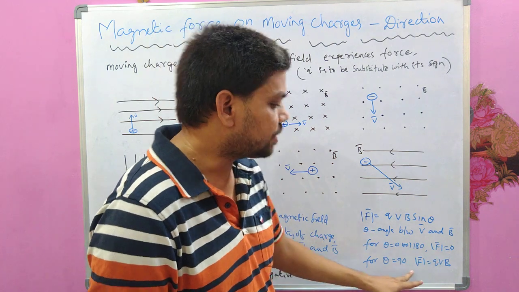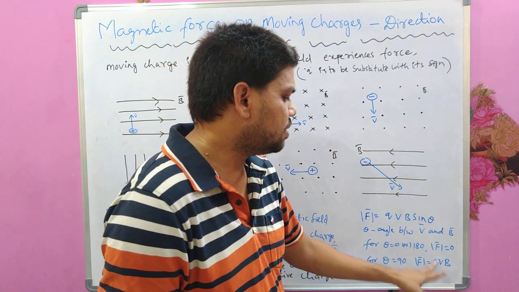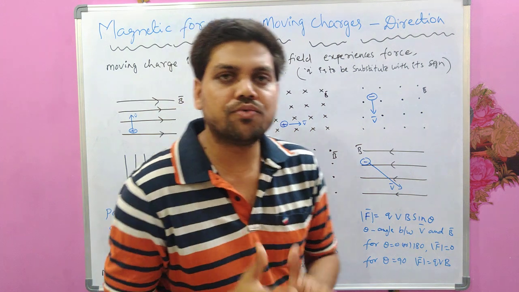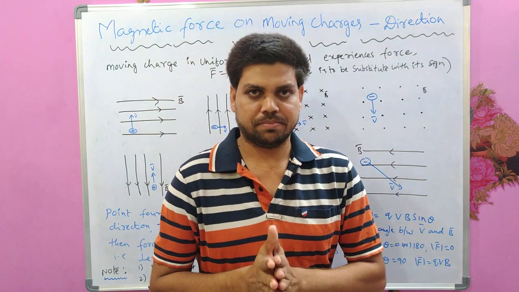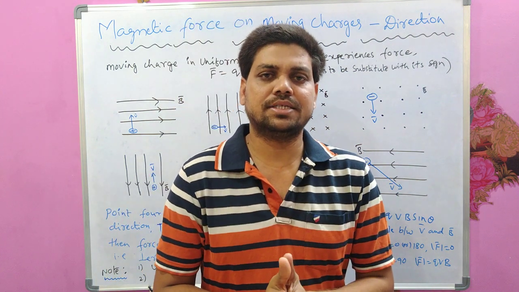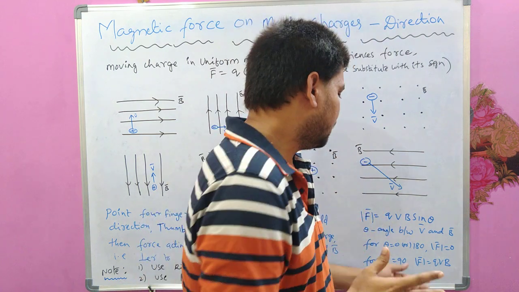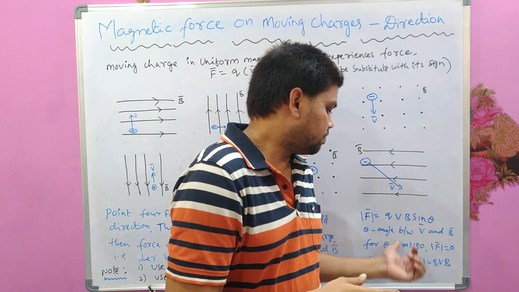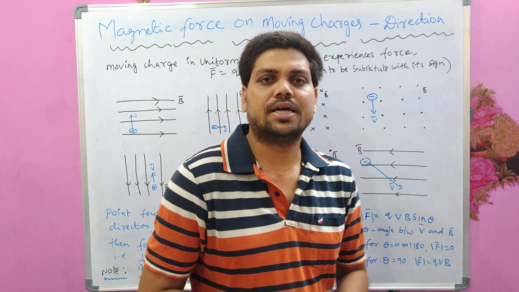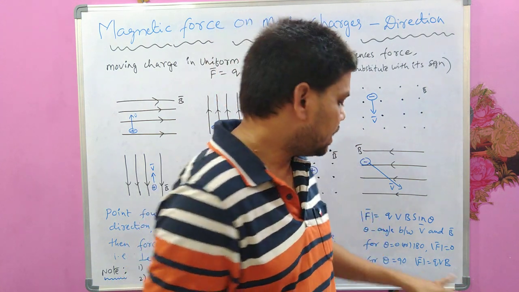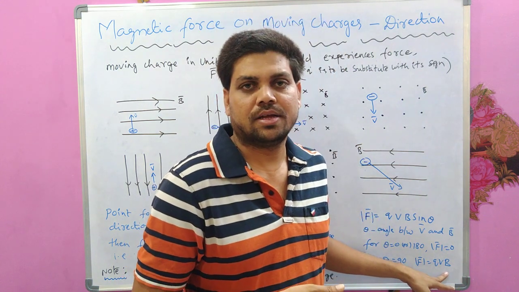For theta equal to 90 degrees, the force would be QVB, which is maximum. And for other, non-90 angles, the magnetic force acting on the charged particle will be less than QVB.